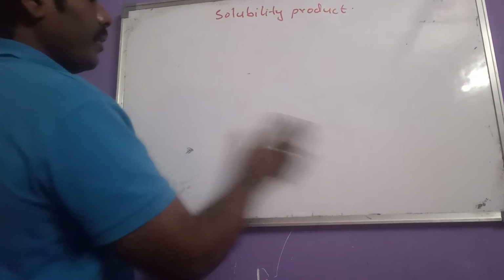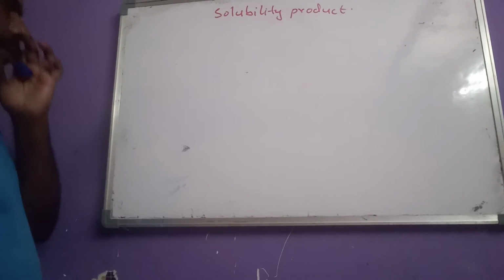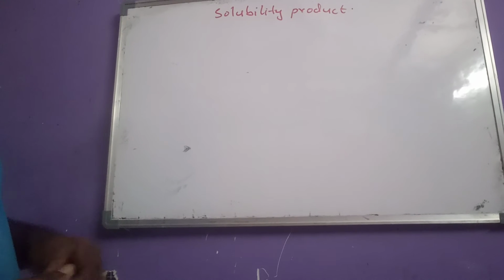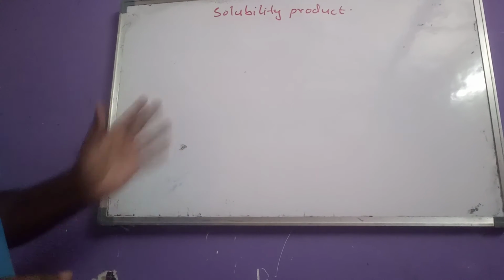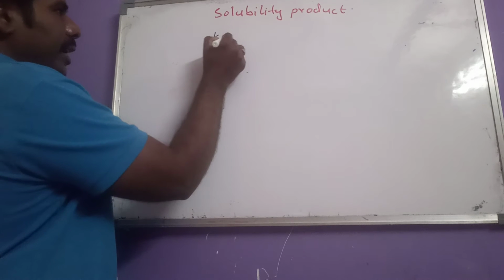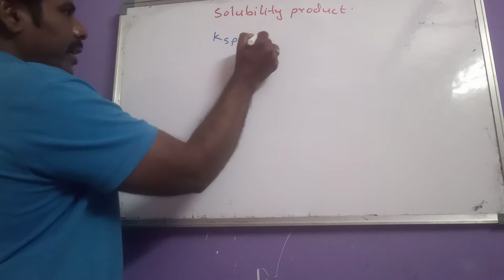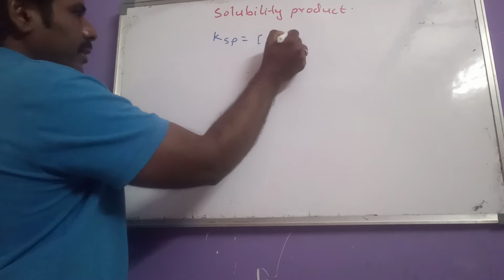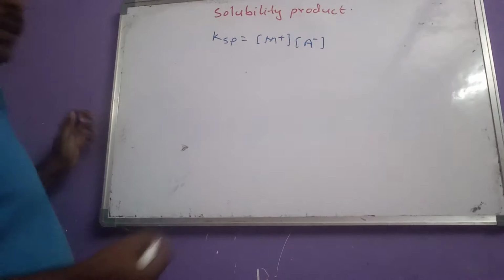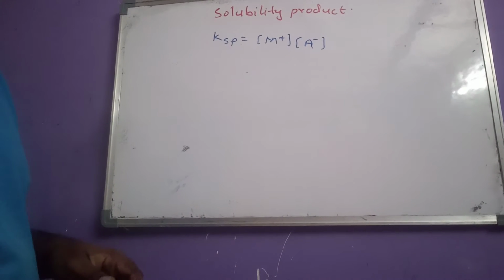Okay, now let us see the definition of solubility product and its importance. It is indicated with KSP, and let us write it like this: M plus into A minus. What are M plus and A minus?